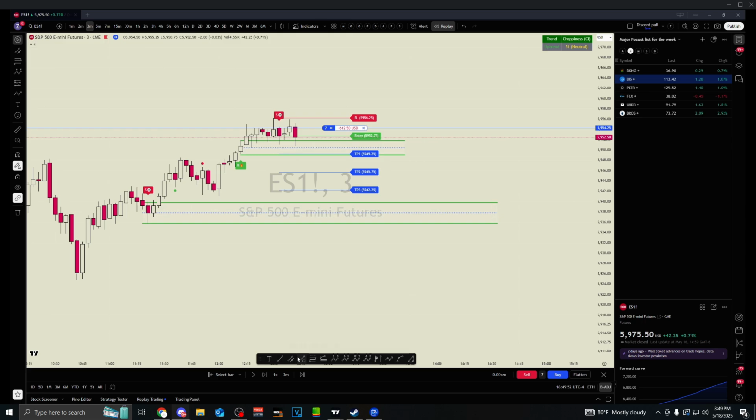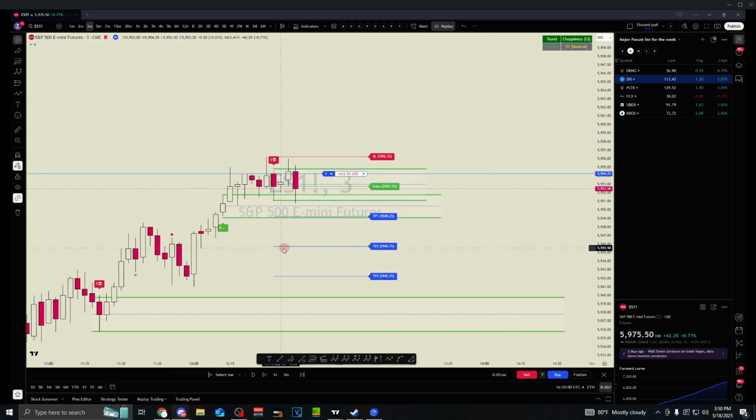I'll be out on this one with a loss if we close another 3 minute candle beside this, right? So my stop loss on this play would now move to the close of this candle. So if we get the close and open of another candle over here, then I will close out this position. If not, I'm going to hold this position.